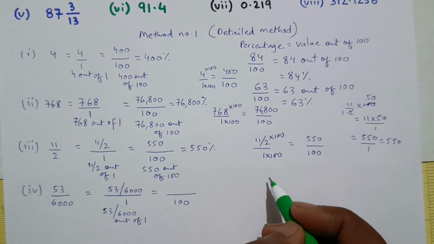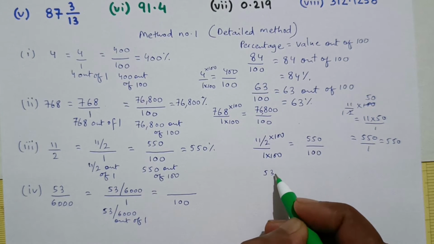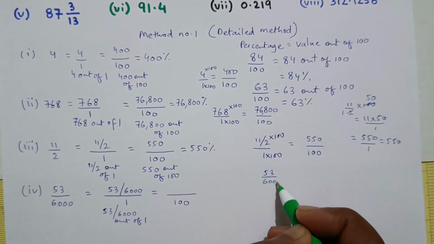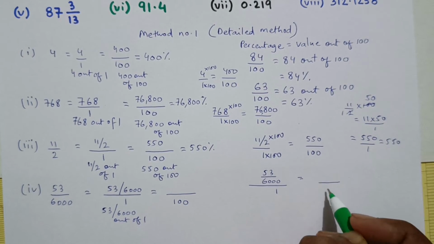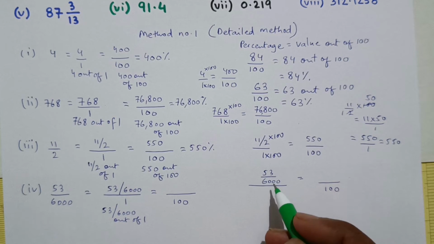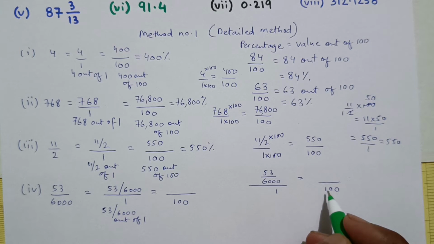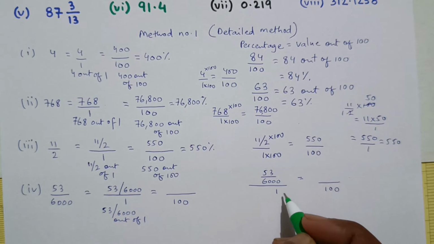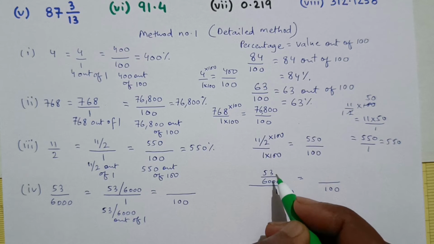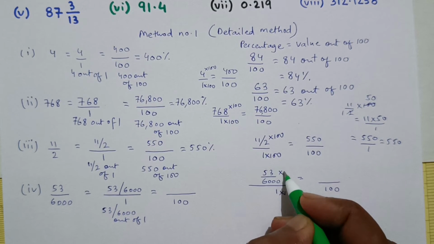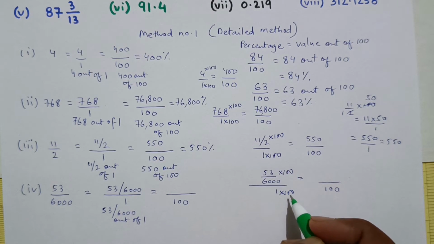Here the denominator is 1 while I want the denominator to be 100. So 1 into what is 100? 1 into 100 is 100. Because I have multiplied the denominator by 100, I will multiply the numerator also by 100.